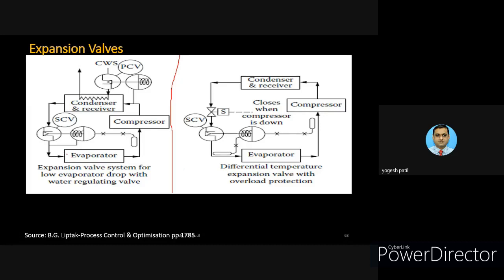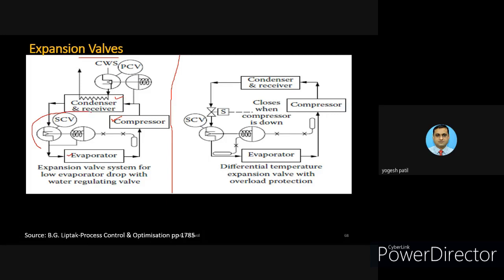Right now you have the evaporator, and the output of the evaporator enters into the compressor, and the output of the compressor is given to the condenser, and the condenser is connected to the cooling water tower. On the upper side there is a cooling water tower, and then the output of the condenser returns through this particular section.